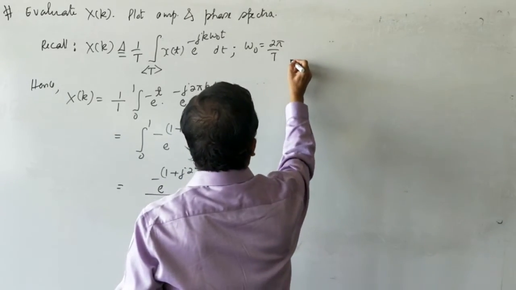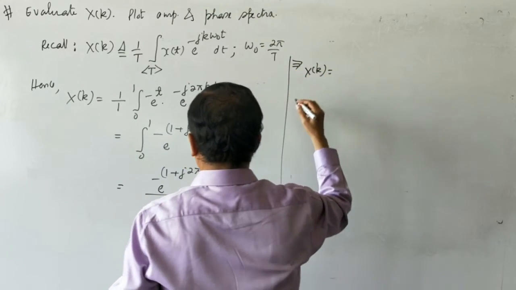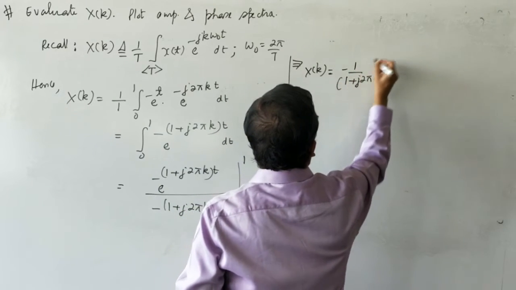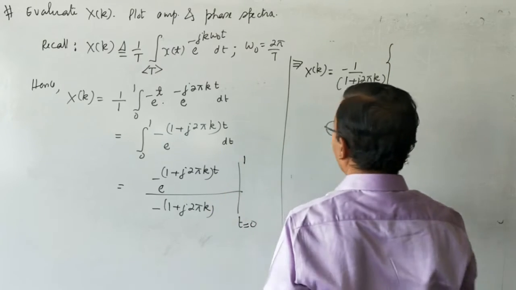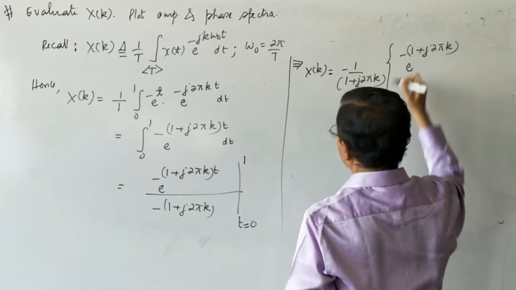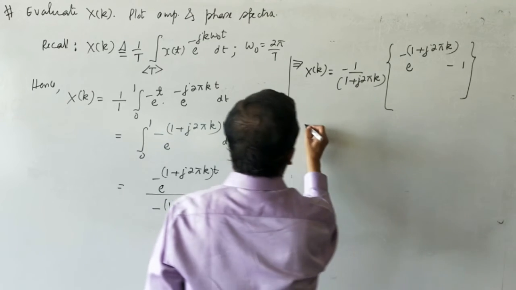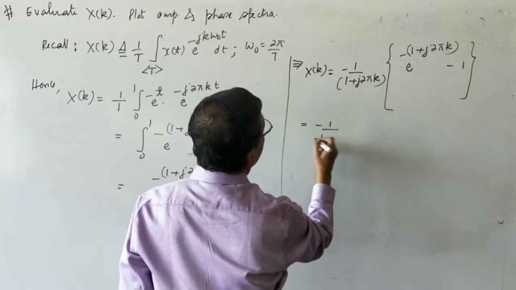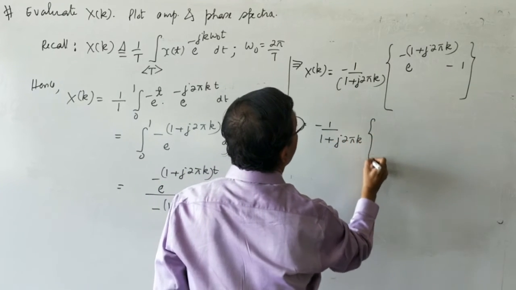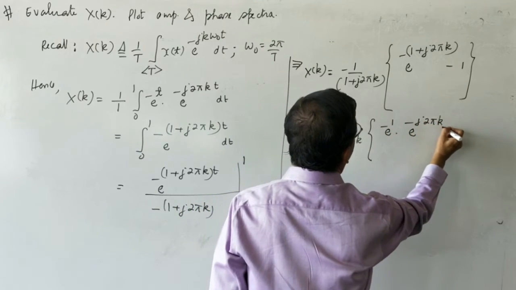So I'll write this. This implies x of k is equal to minus 1 over 1 plus j 2 pi k into, put the upper limit t equal to 1, you get e to the power minus 1 plus j times 2 pi k. Put the lower limit, e to the power 0 is 1. So now this is nothing but minus 1 over 1 plus j times 2 pi k into e to the power minus 1, e to the power minus j 2 pi k, minus 1.